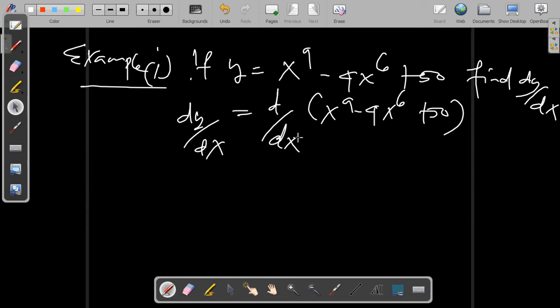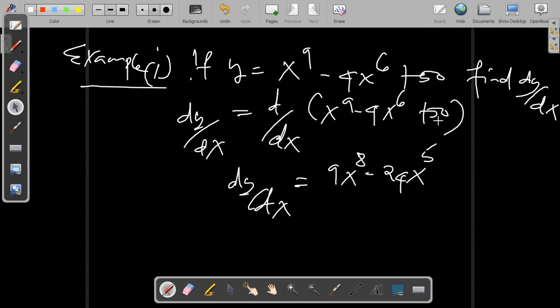When we apply the derivative, dy over dx is equal to 9x raised to the power of 9 minus 1, which is 8, minus 24. 6 times 4 is 24x raised to the power of 6 minus 1, which is 5. The derivative of the constant 50 is equal to 0. So this will be the answer.